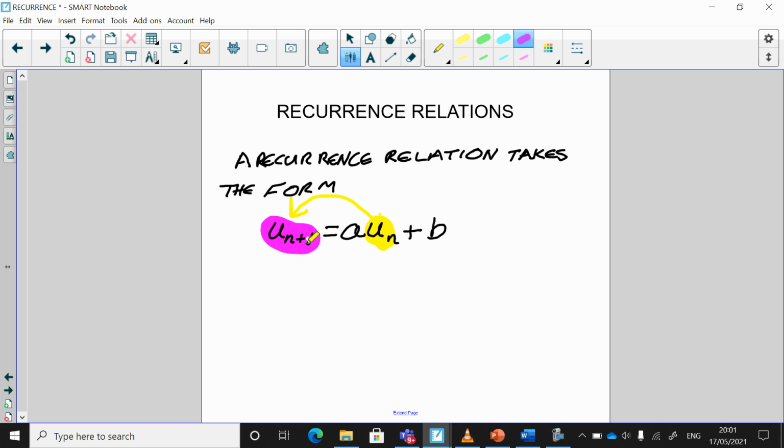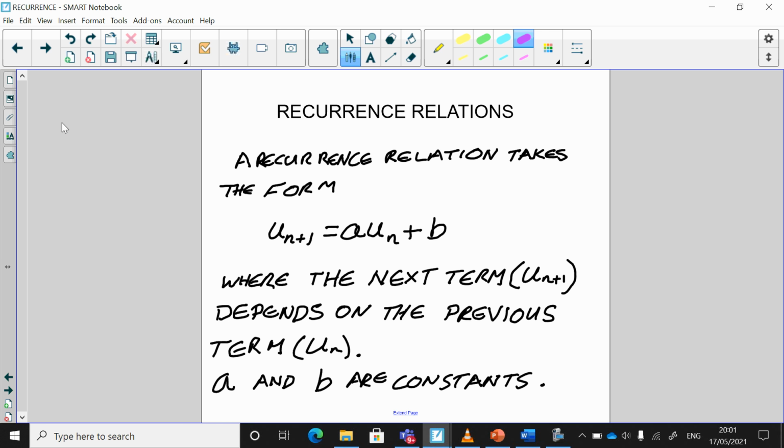So in order to get an answer, I need to put in Un first, and that ain't the United Nations. Right, okay. So here, like it says, Un+1, that's a term after Un. It just depends on Un. We need to feed that in. And here, a and b, they're just numbers, as we're seeing here, constants.